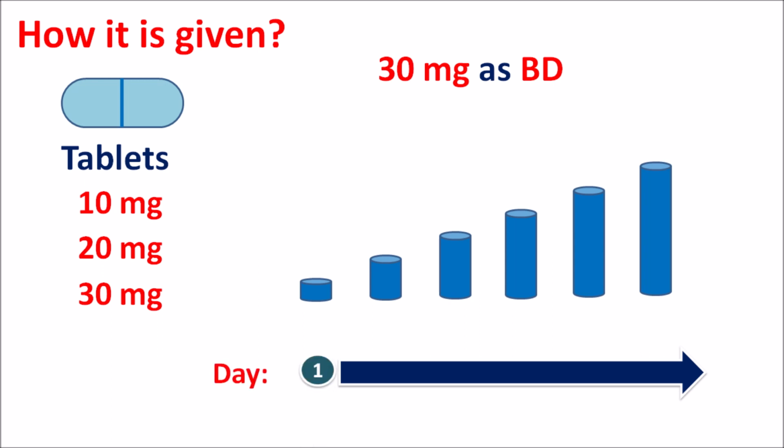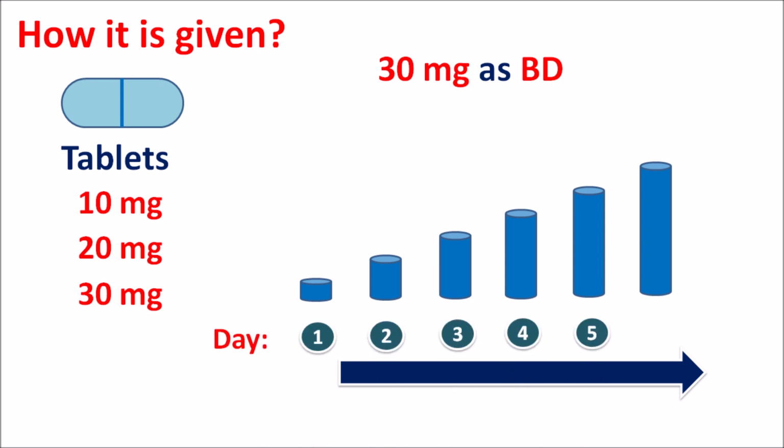So on the first day, we can start with a low dose, and the dose can be increased up to 6 days. On the first day, 10 mg of the dose can be given, which is further increased to reach the 60 mg on the 6th day. So day 1, 10 mg at bedtime, but on day 2, we can give the 20 mg in divided doses. So 10 mg in the morning and 10 mg at night.